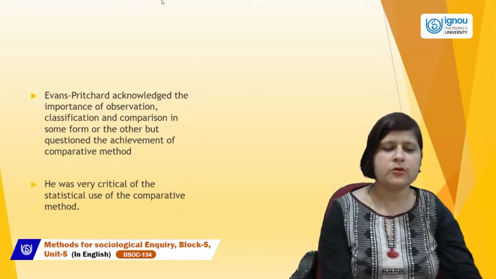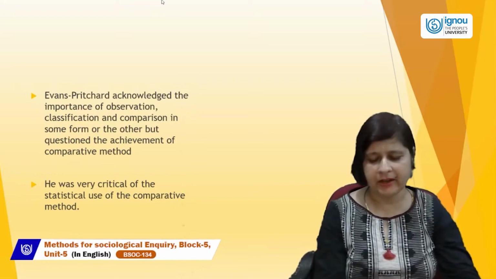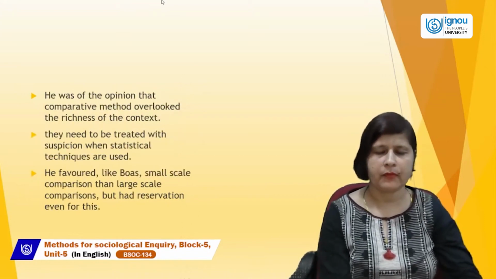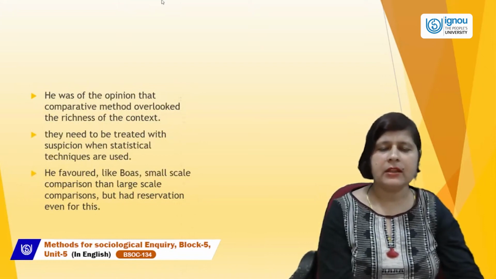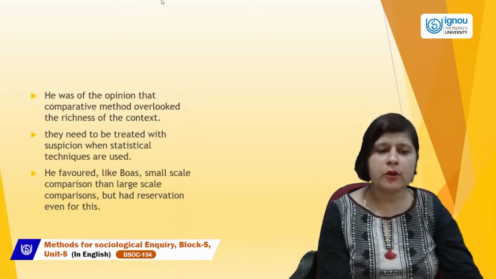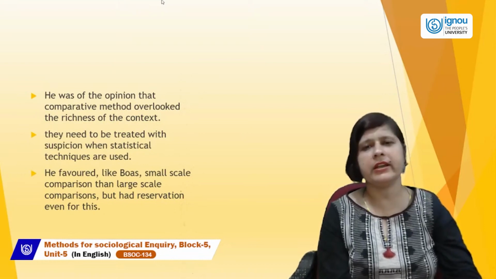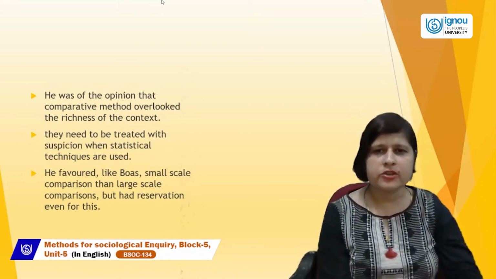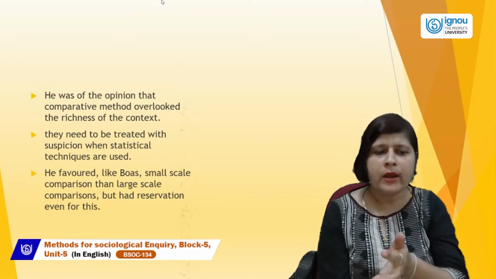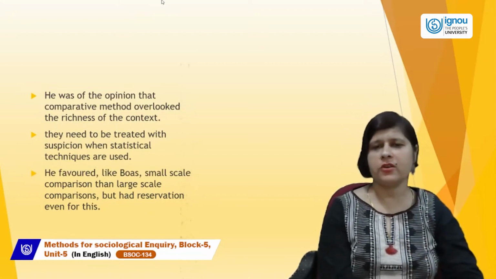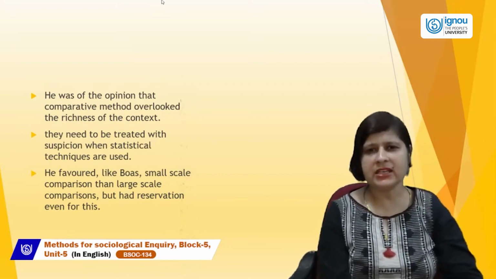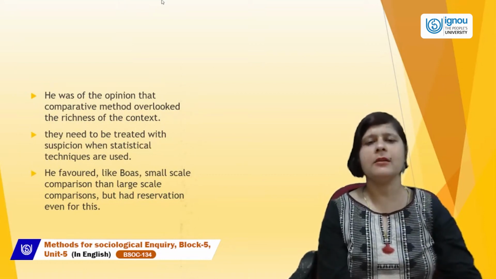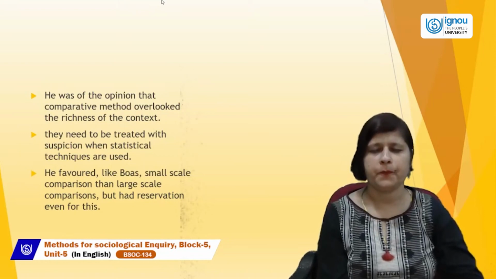He was very critical of the statistical use of comparative methods. He was of the opinion that the comparative method overlooked the richness of the context. When you apply statistical methods, one overlooks the richness of the context, and in society, context plays an important role.